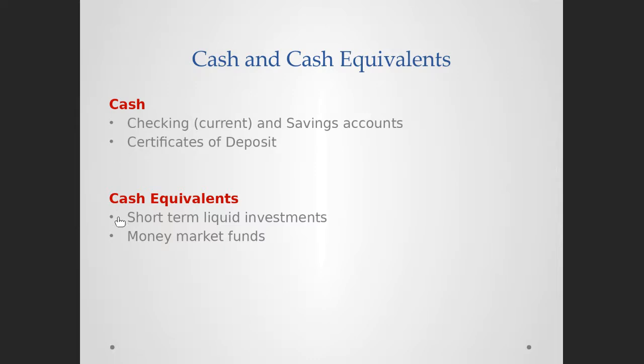The second is cash equivalent, which is short-term liquid investments. If you invested money in something that you can convert very quickly into cash. So let's say you have invested money in a particular business, a small business, or maybe you purchased a land that can be sold very quickly, right? And it does not take a long process. There is a big market for it.